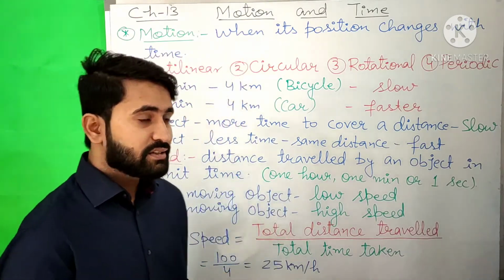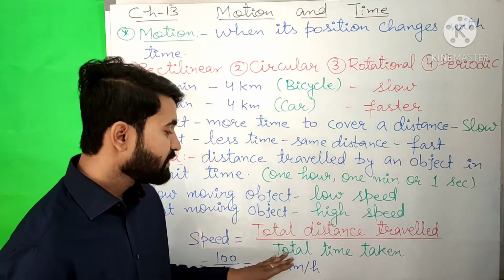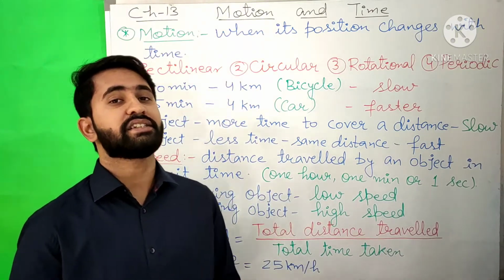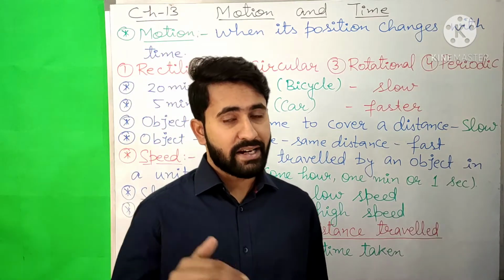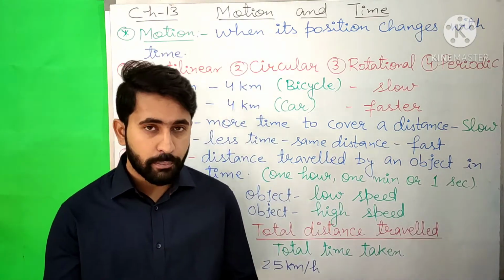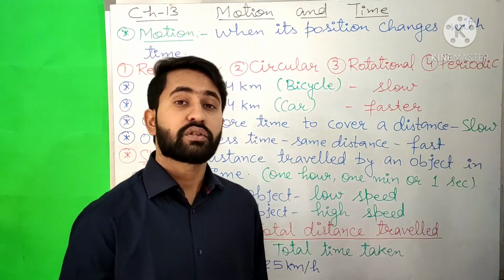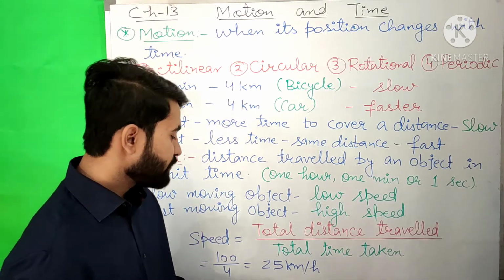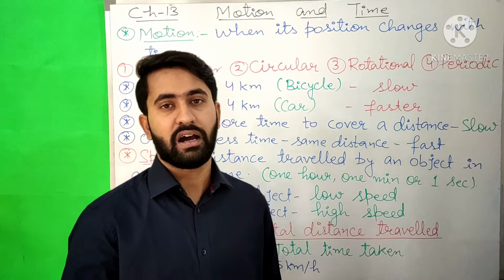The distance traveled by the object divided by the total time taken gives us the average speed of that object. It is because while traveling we have to stop at many places, or we have to apply the brakes. So right now we have calculated that there is an object which is traveling with a speed of 25 km per hour.